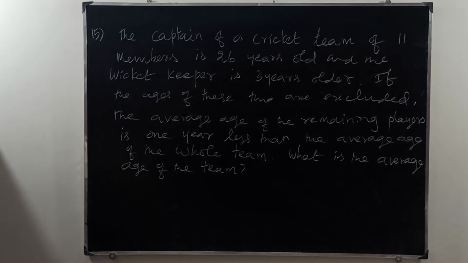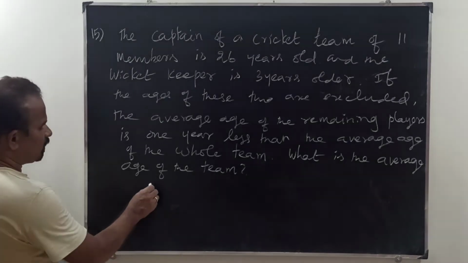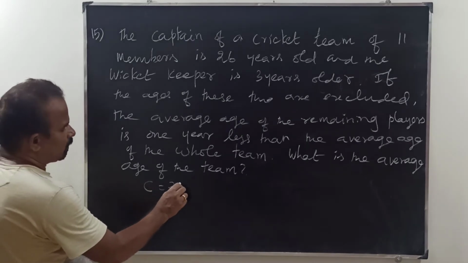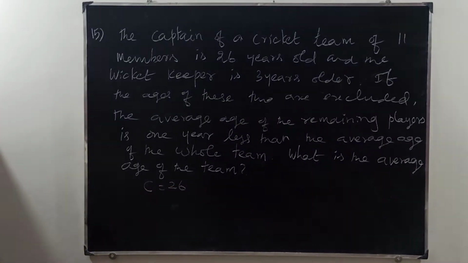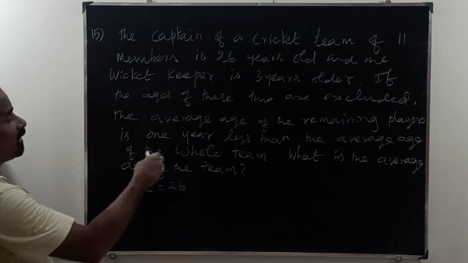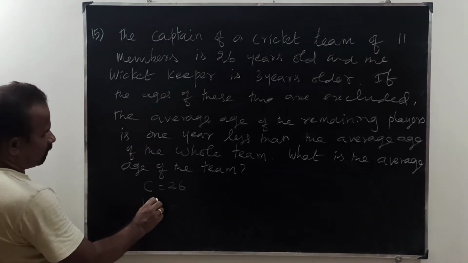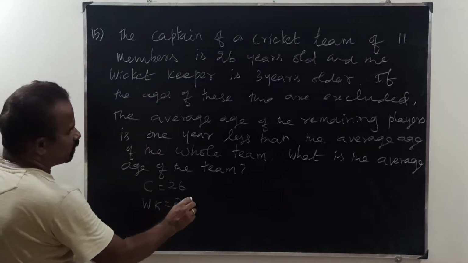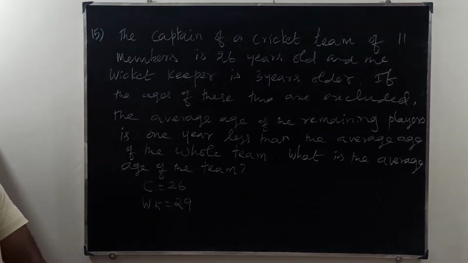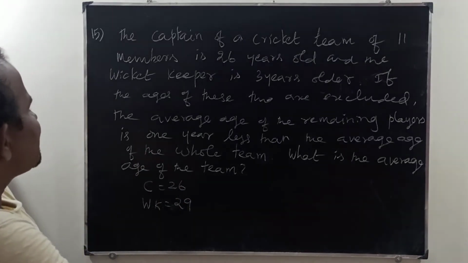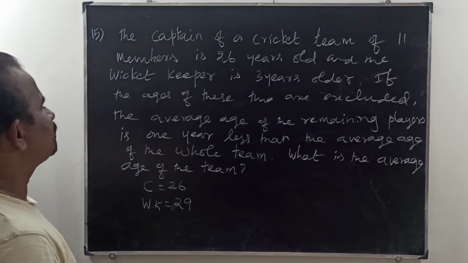Okay. The age of captain is 26. Wicket keeper is 3 years older, which means 29. The ages of these two are excluded.